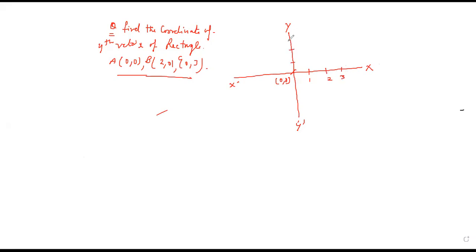So the first point is A. This is the point A. Second is 2, 0. So this is the second point. Let this point be B. The third point is 0, 3. 1, 2, 3. This is the third point. A, B. I want a rectangle. Let the third point be C. Now I want to get the coordinates of the fourth vertex.